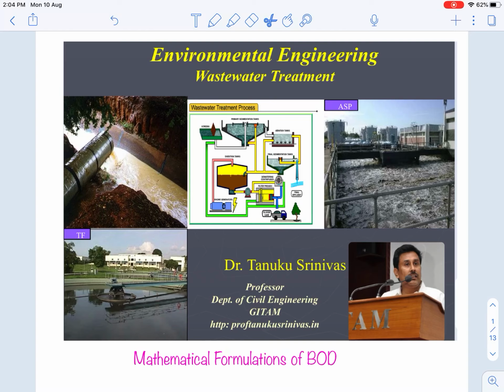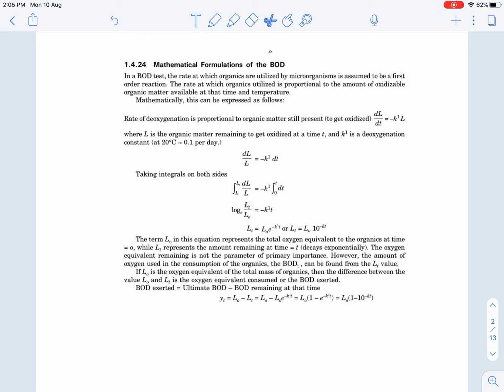In a BOD test, the rate at which organics are utilized by microorganisms is assumed to be a first order reaction. That is, the rate at which organics are utilized is proportional to the amount of oxidizable organic matter available at the time and at the temperature.